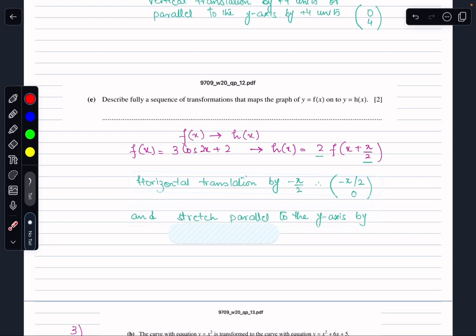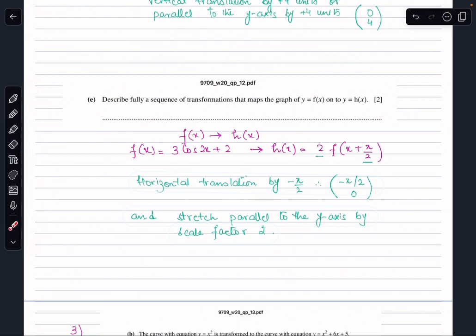So here we can see that we have a horizontal translation, obviously a negative pi by 2. The translation in the horizontal direction changes by the opposite sign. Therefore, it's a horizontal translation by negative pi by 2, and therefore the vector for the horizontal translation is negative pi by 2 and 0.